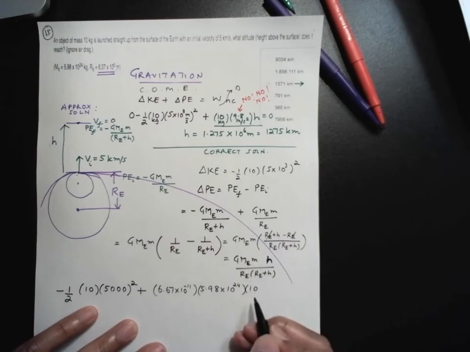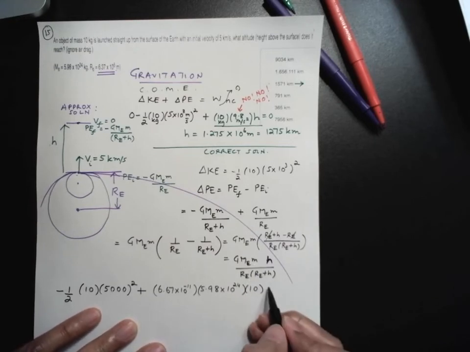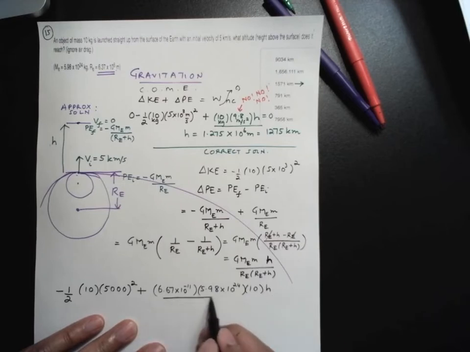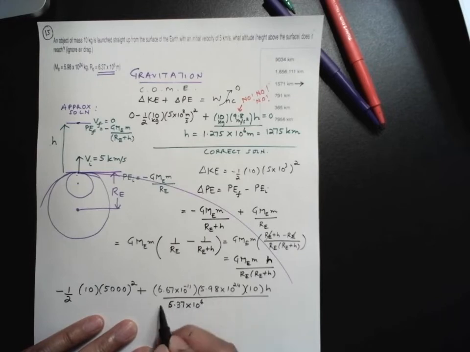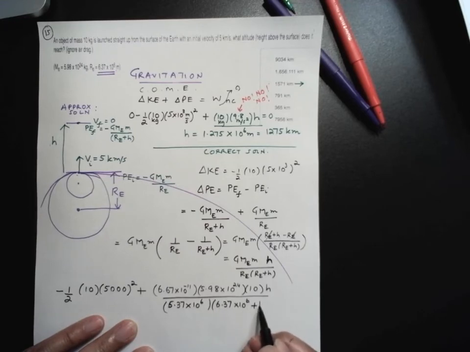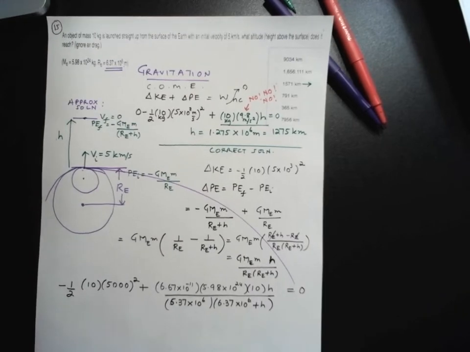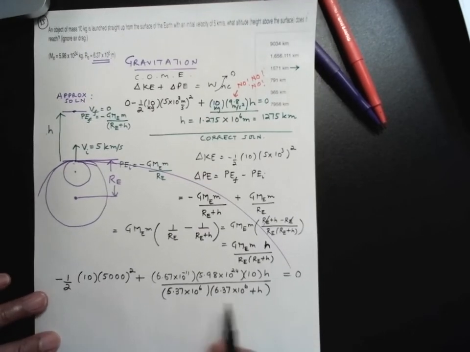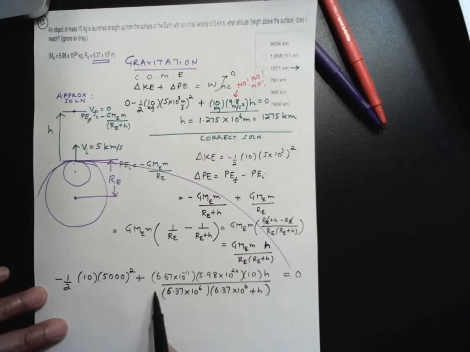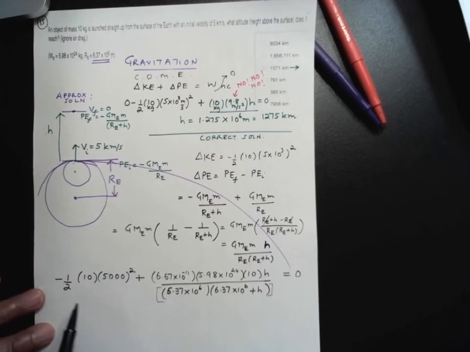The mass of the little object is 10 kg. Then H divided by the radius of the Earth, which is 6.37 times 10 to the 6, times 6.37 times 10 to the 6 plus H. All of this is equal to 0. So this would be a linear equation in H if you just multiply across by the denominator, and so you can solve.